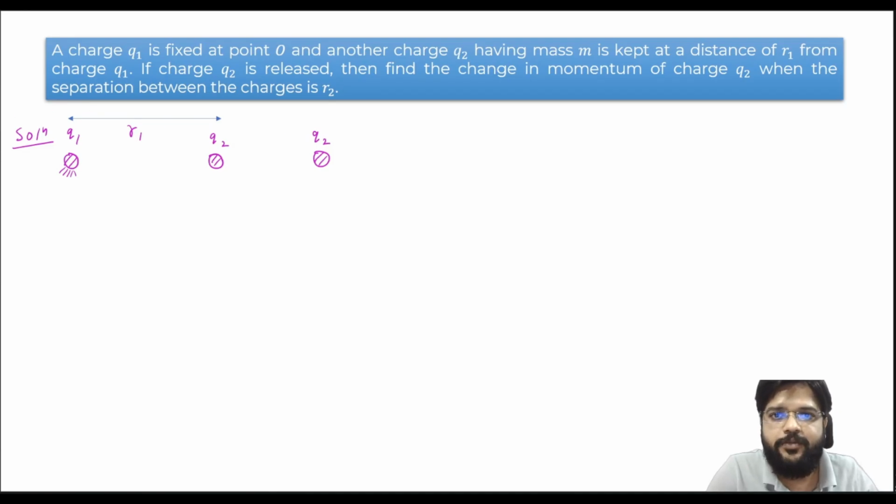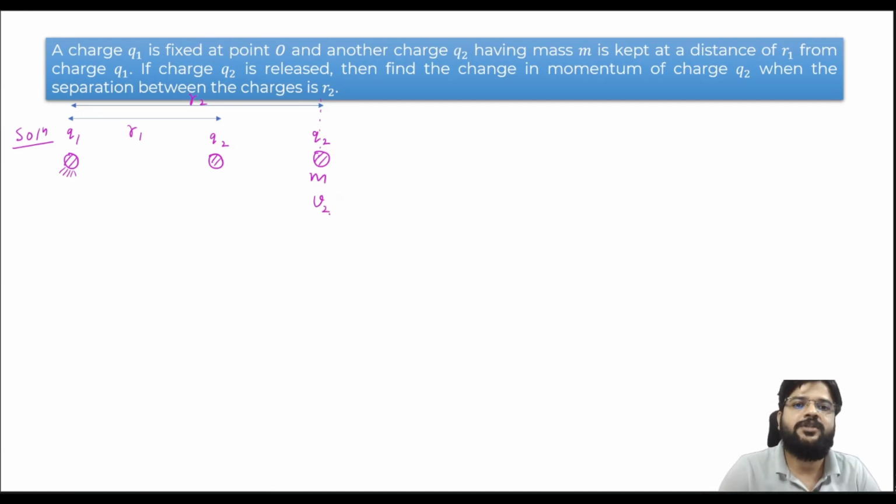So this is the Q2 charge, but now the separation between the charges is r2. Okay. So the separation between the charges is r2, everyone. And the mass of the Q2 charge is m, and the velocity is v, correct?